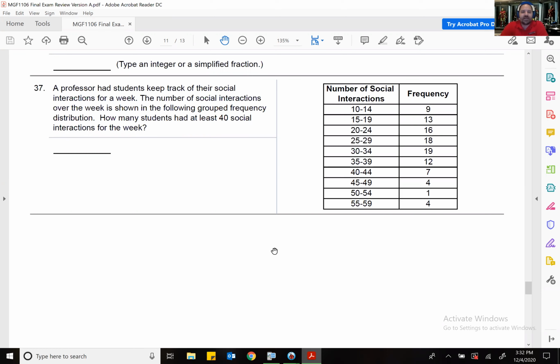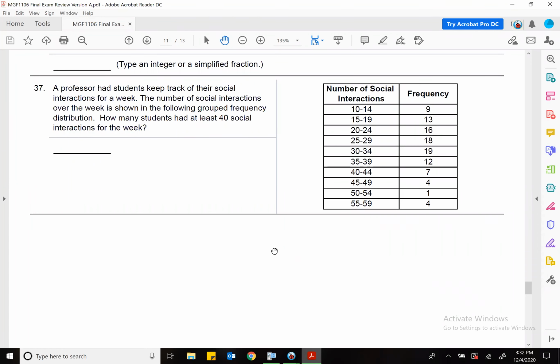How many students had at least 40 social interactions? $16. How'd you get 16?